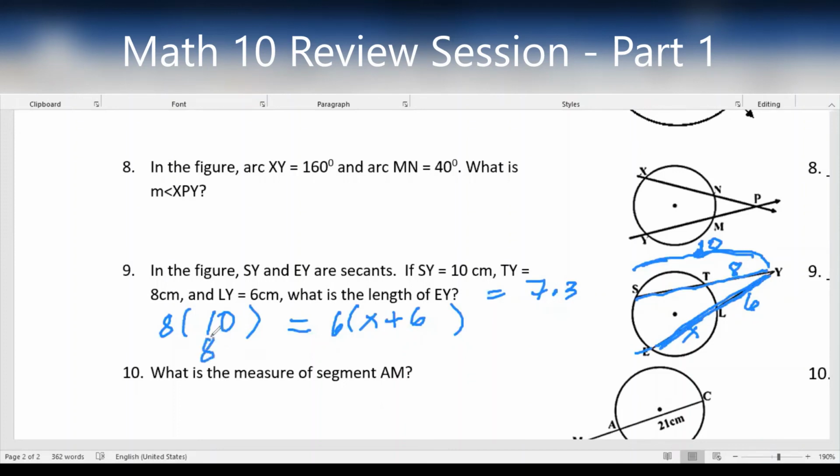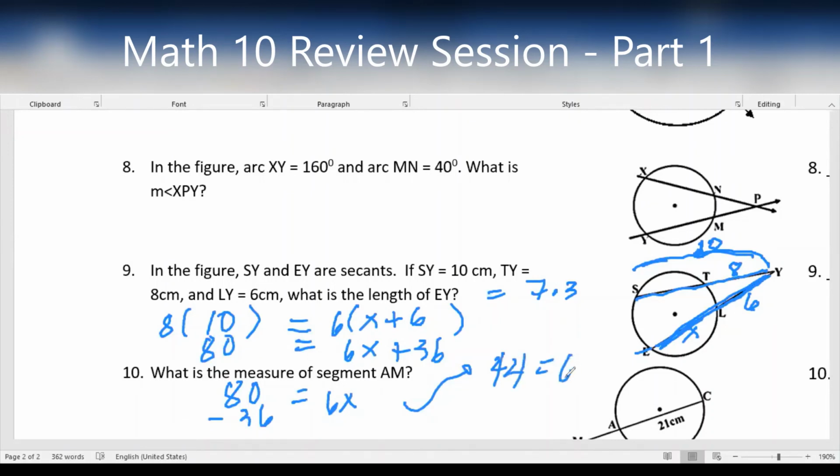Simplify this. 80 is equal to 6x plus 36. And then continue. 80 minus 36 is equal to 6x. So this will become 44, no? 44 is equal to 6x. 44 divided by 6, 7.3. Now, 7.3 is EY. Tama ba, Rosel?